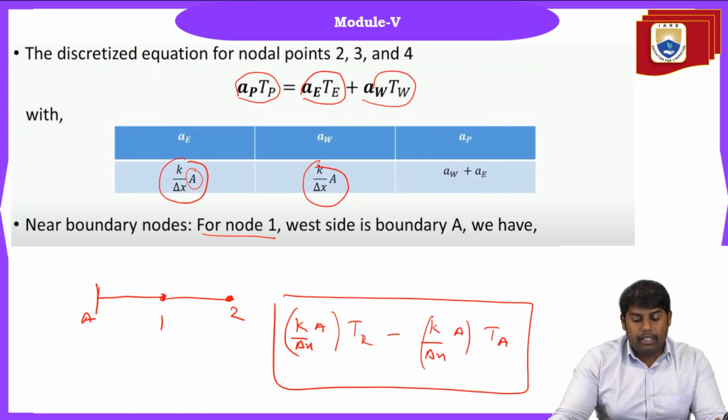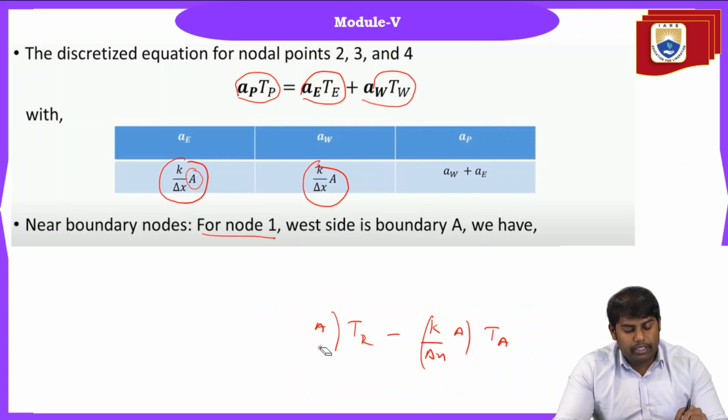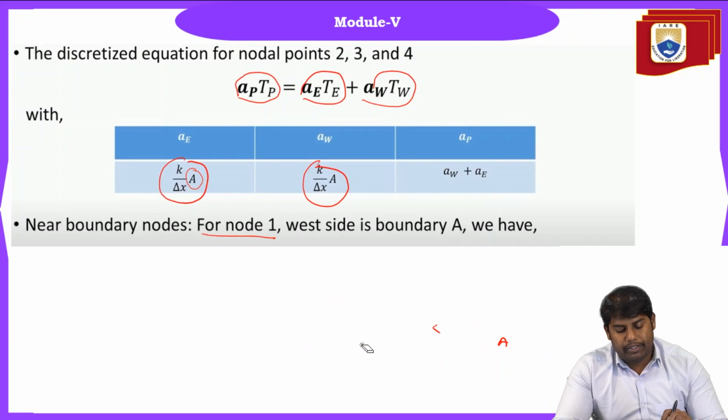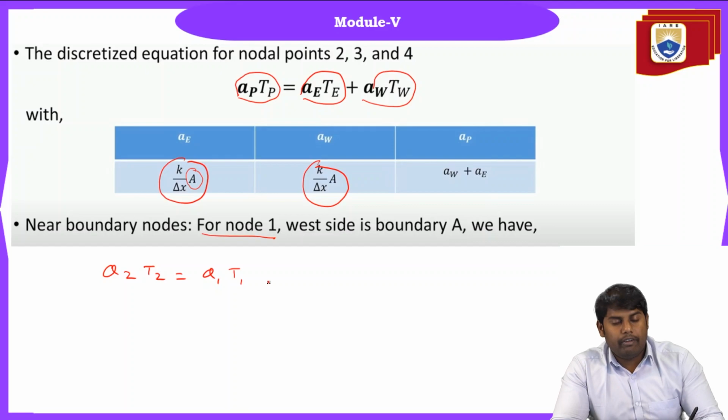So let's actually write down here what the equations are and how we frame the matrix. When we take A2 T2 is equal to A1 T1 plus A3 T3, this is equation 1.